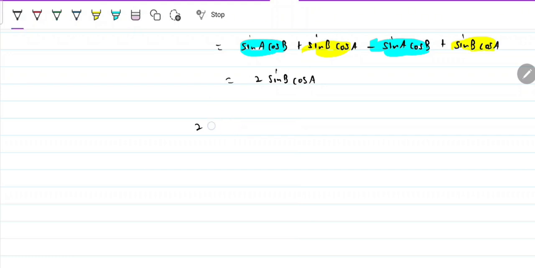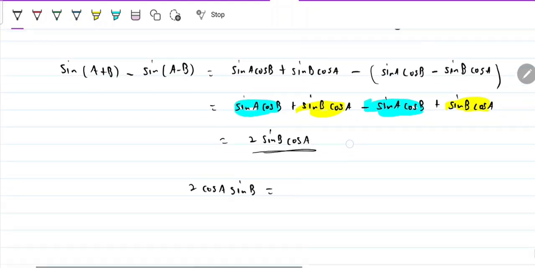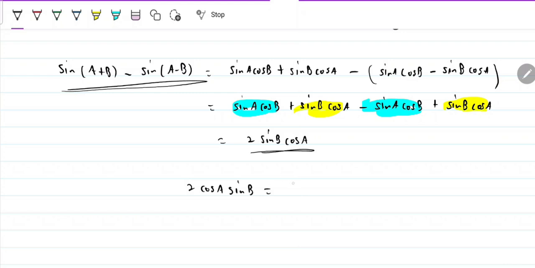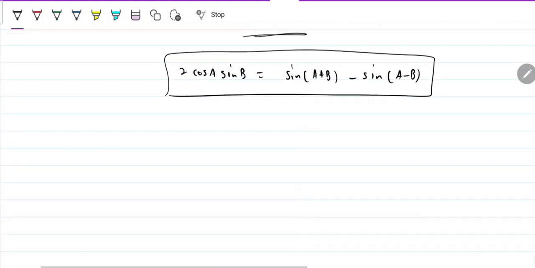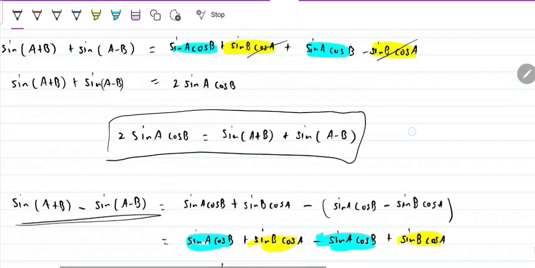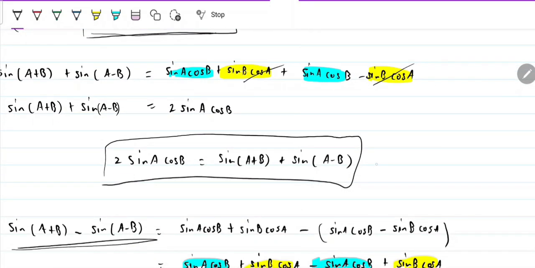So I'll be 2 times cos A, 2 times cos A times sine B is equal to this thing over here. Good. So those are the two identities.